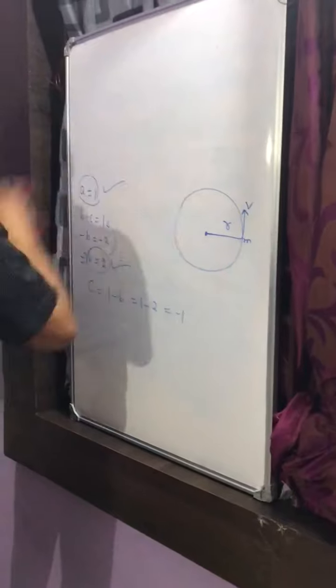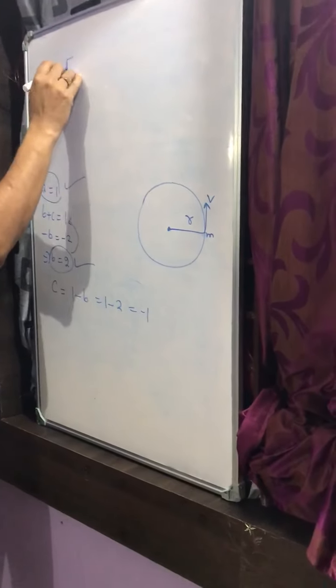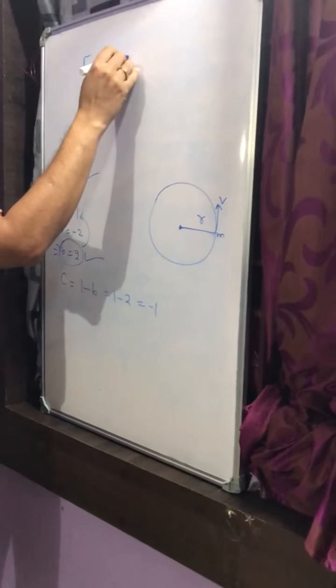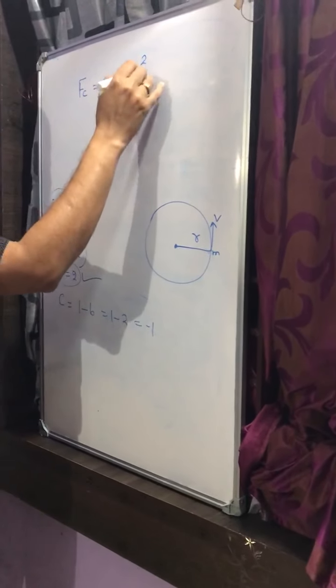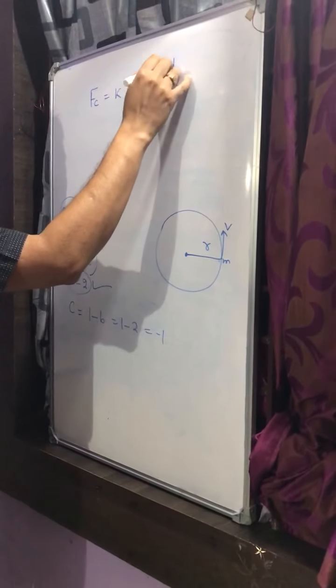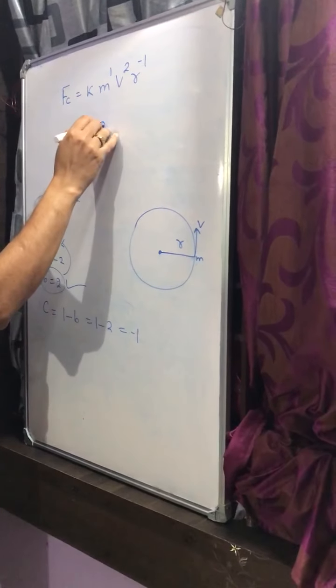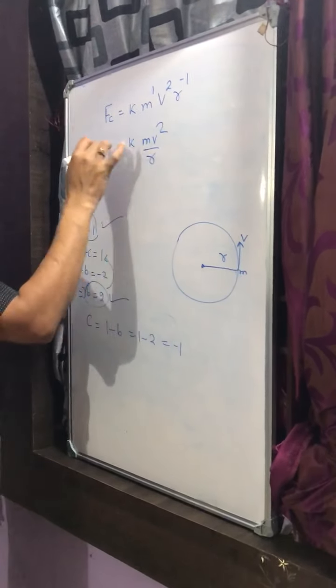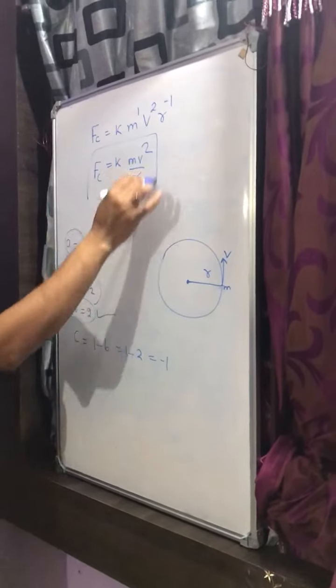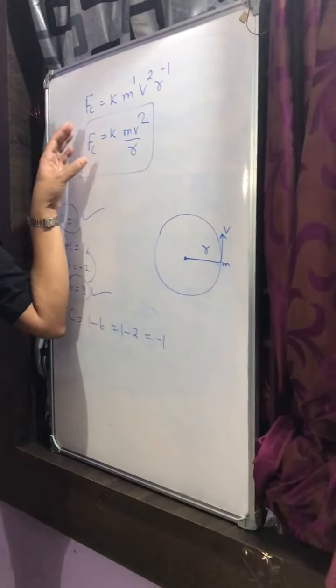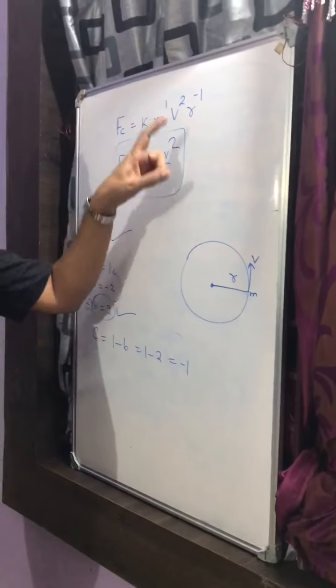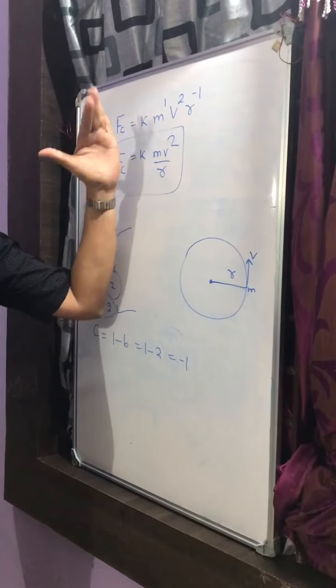The formula for F is like this: Fc equal to some constant k, m to the power a, that is 1, v to the power b, that is 2, r to the power c, that is minus 1. So this is k m v square by r. So when you actually learn the fourth chapter, you will know that the centripetal force is given by the formula Fc equal to mv square by r.